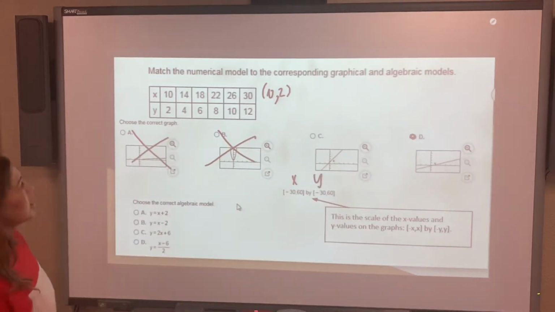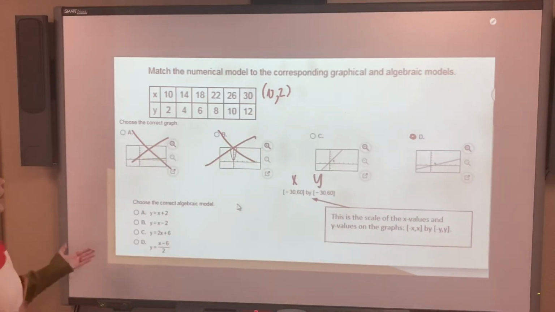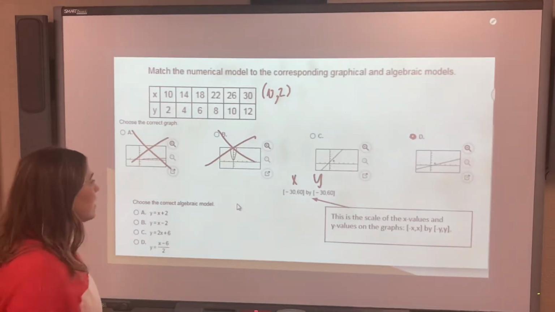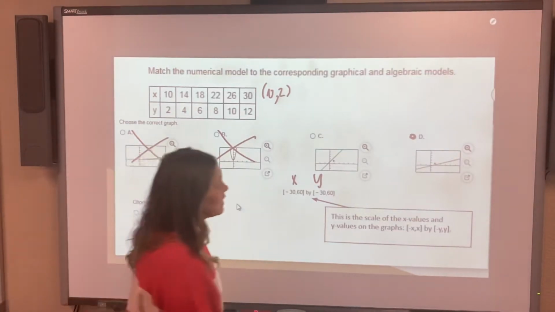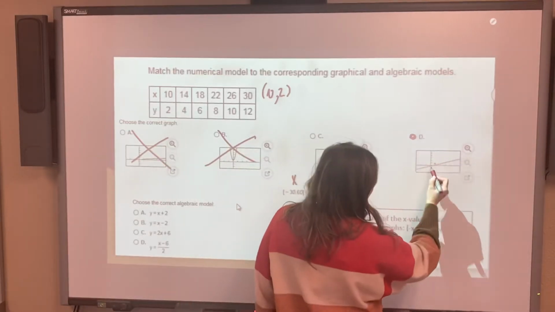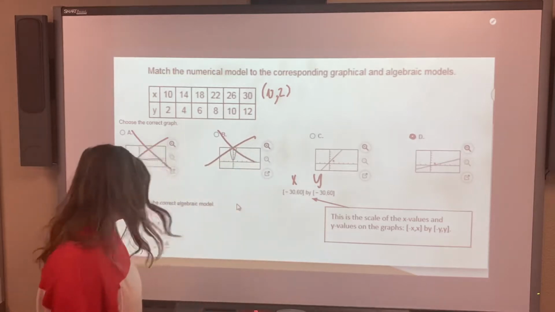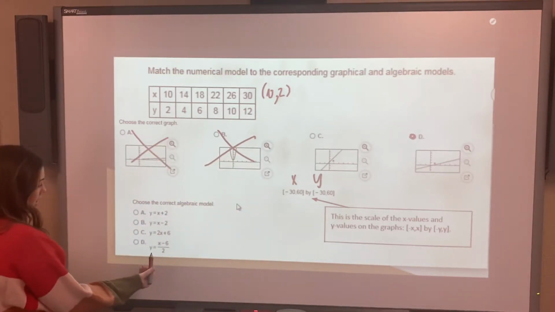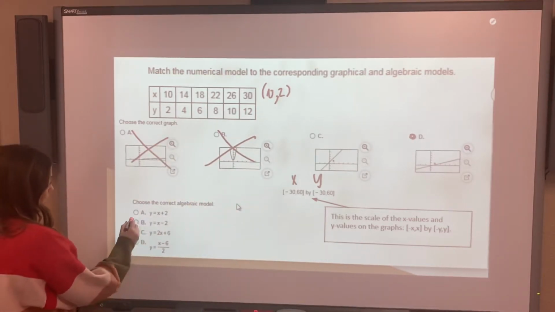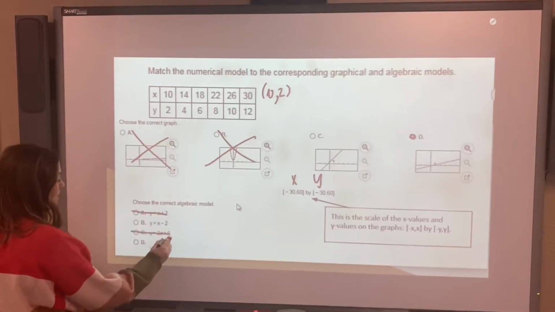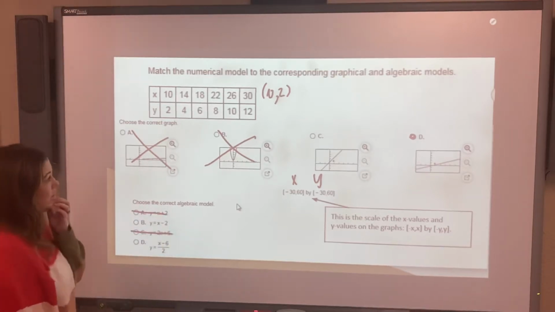Now let's talk about our algebraic model. You can look at your slopes and your y-intercepts. We can see from our line that it crosses below 0, so it has a negative y-intercept. I'm going to eliminate A and C because those have positive y-intercepts.